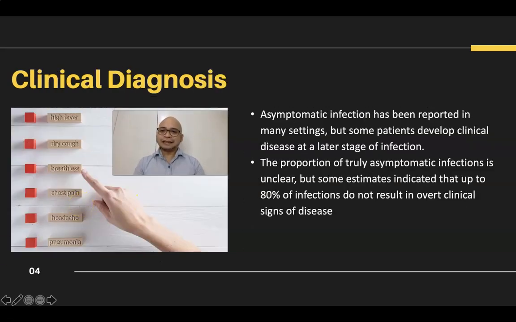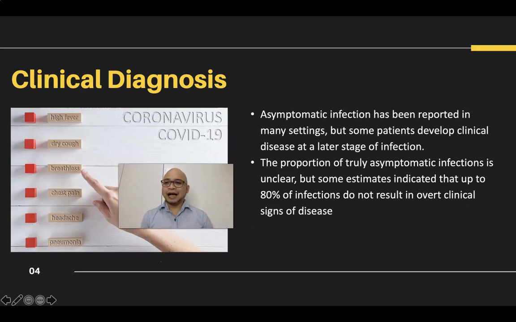So, just to give you a background, what are the clinical diagnoses? How would you know if a person has COVID-19 disease? Asymptomatic infection has been reported in many settings, but some patients develop clinical disease at a later stage of infection.